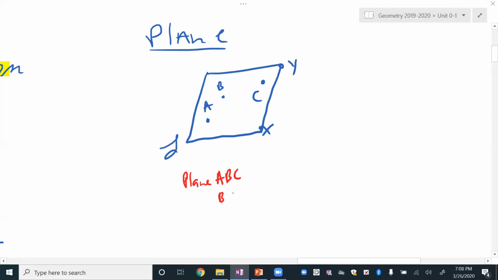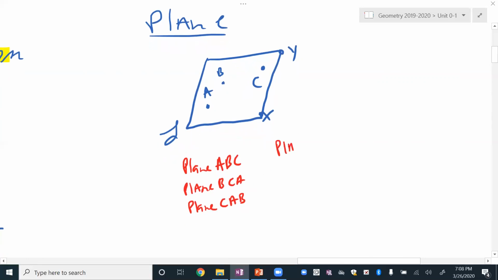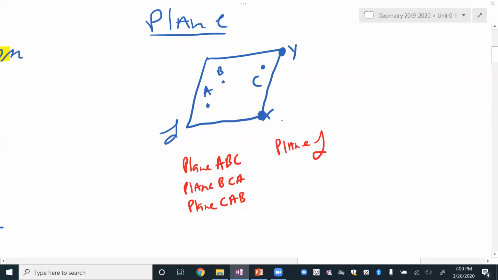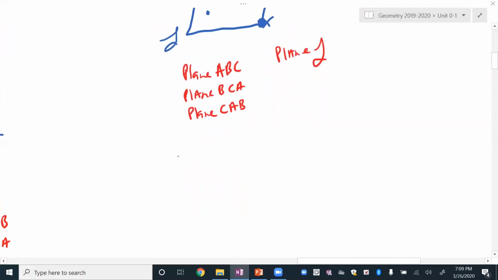Or you could call it BCA, or CAB. So you have three different names for it so far. The other way you can call it is plane J, because it's my little cursive letter over here. These are points, attached at the very edge of it, so they're here and they're here. So just be aware of it. When you look for the cursive letter, that's going to be the name of the plane.